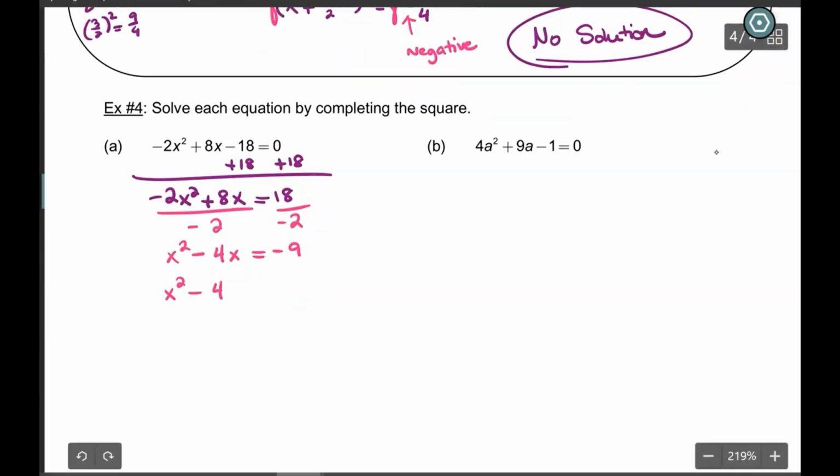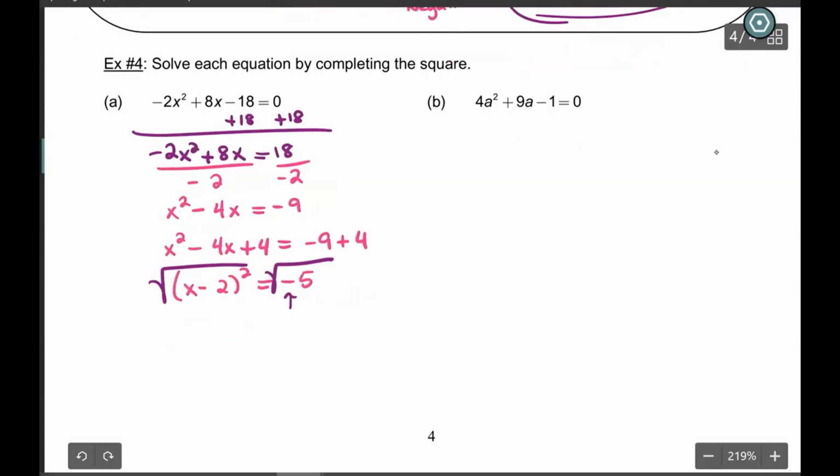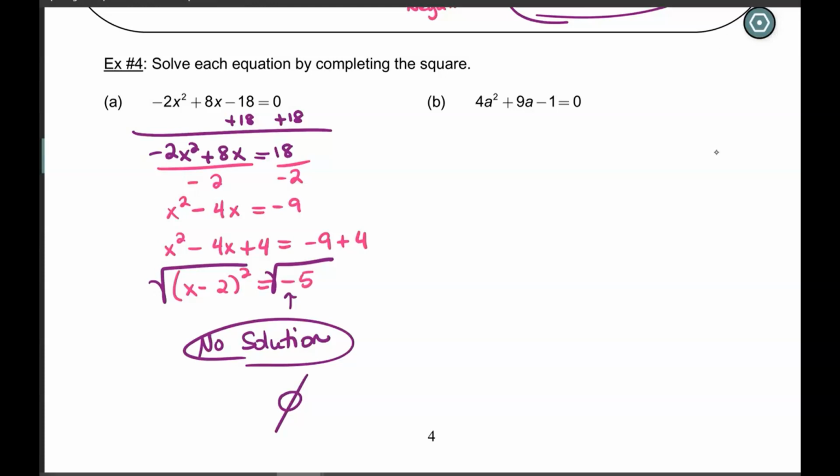So x squared minus 4x, half of minus 4 squared. Half of negative 4 is negative 2, squared it's positive 4. Interesting. So we get x minus 2 squared equals negative 5. When we go to take the square root, notice the negative sign. I actually don't need to go any further. I'm going to write no solution. You can also do the circle with the slash through it.